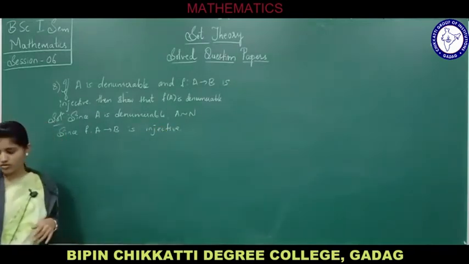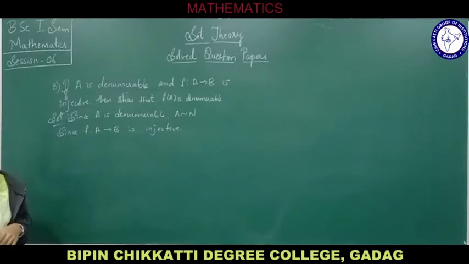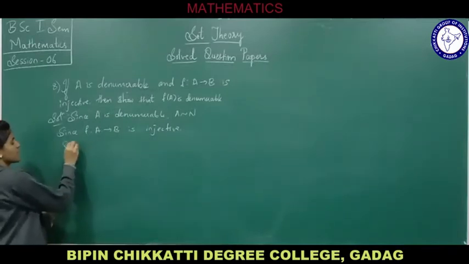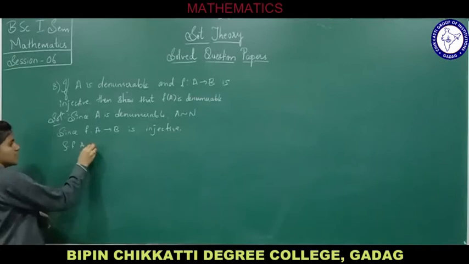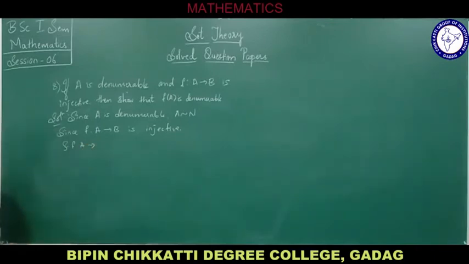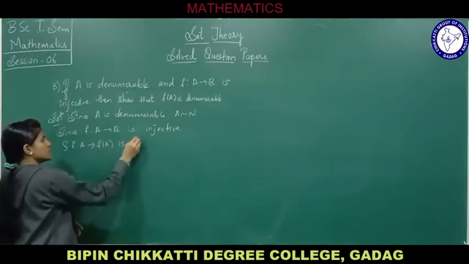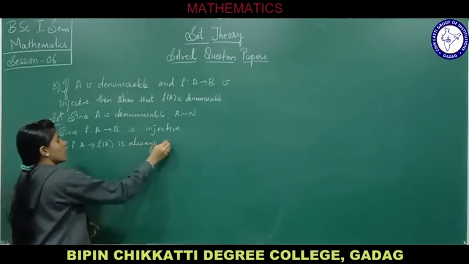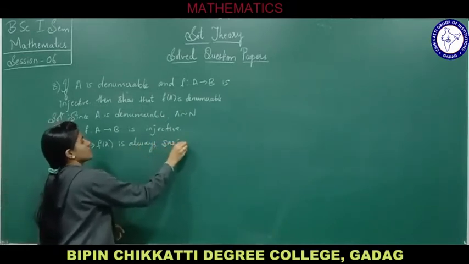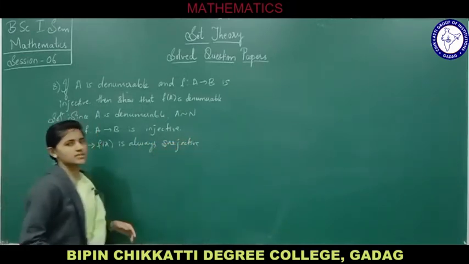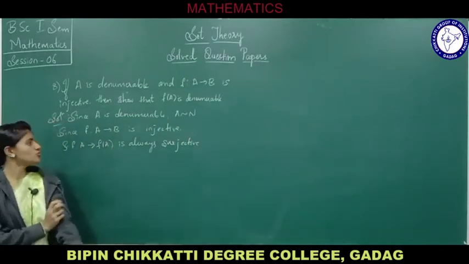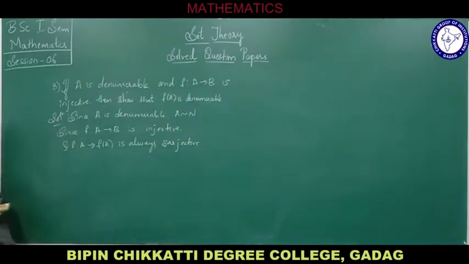Then f from A to f of A is injective, and f from A to f of A is always surjective, that is onto.